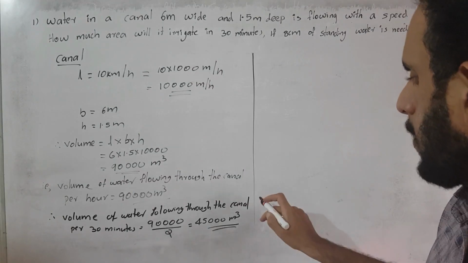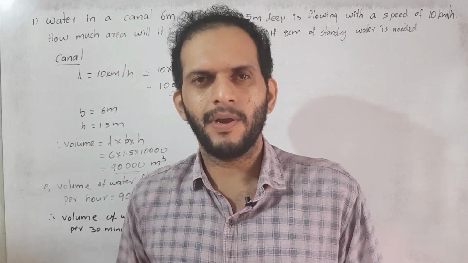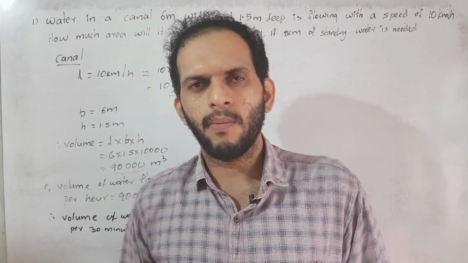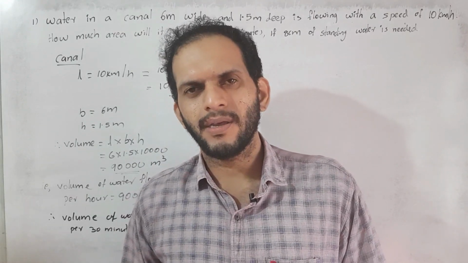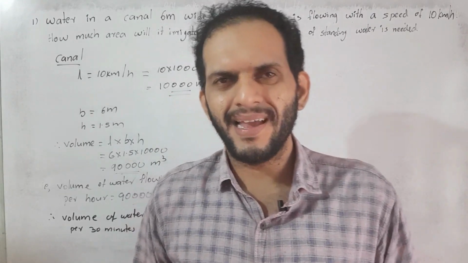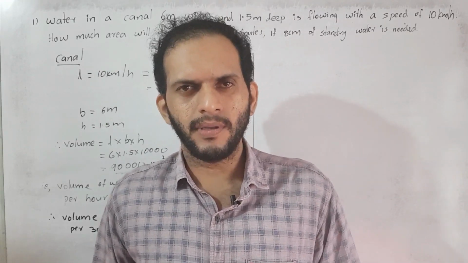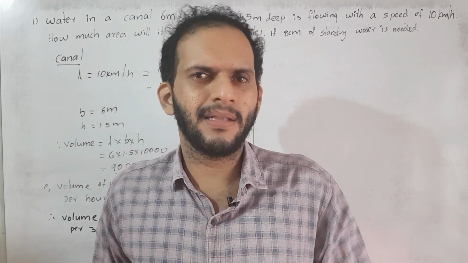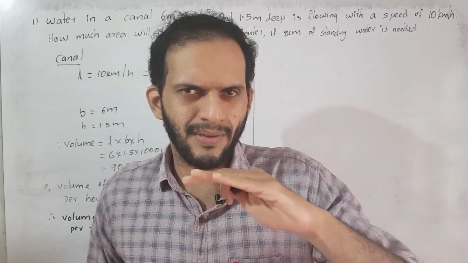Okay, next we need to find the volume of the water in a field. The volume of water standing in a field. So for that, here we don't know what is the area of the rectangle, we know only the height of the cuboid. After irrigating the field, 8 centimeter water is standing there.